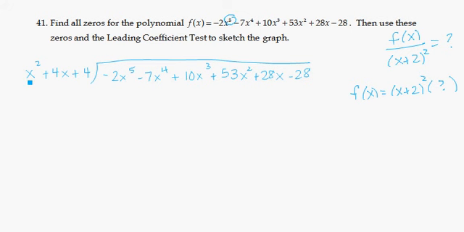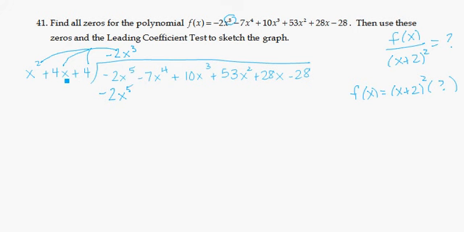Okay, let's dive in. So x squared, how many times does x squared go into -2x to the 5th? Well, we'd have to multiply x squared by -2x cubed in order to get there, right? So if I multiply this by x squared, that's how I'm going to get -2x to the 5th. But when I multiply, I have to multiply all 3 terms by this.